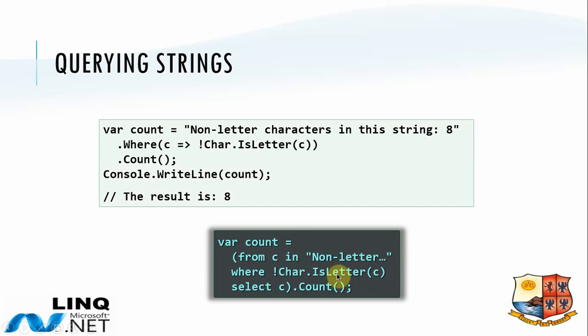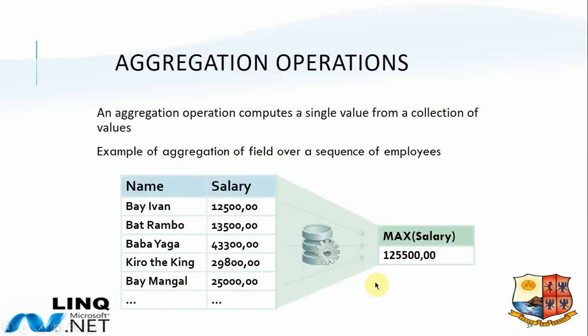So if the character is a letter, it will return true. But since you have said not, it will return false. So it will return when it is not a letter, which means for example this space will be taken, this space will be taken, and also this colon will be taken, and also a number. And then select c dot count. So result will be 8.